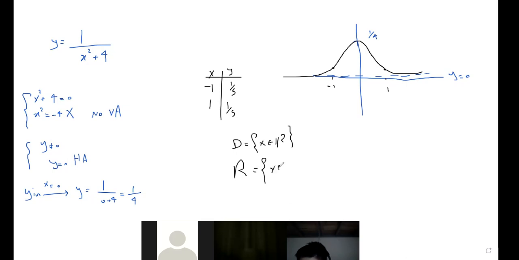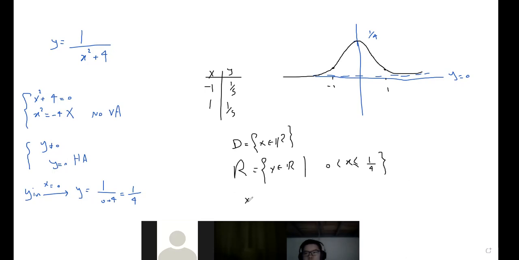This is y belongs to R. See, your y starts from 0 to 1/4. So it means y is between 0 and 1/4. Is 0 included? No, because this is my asymptote, but 1/4 is included. So this is going to be your range. Make sure you get a screenshot of that.